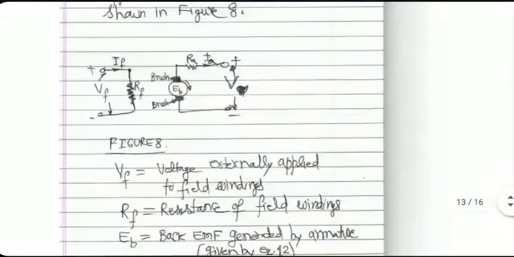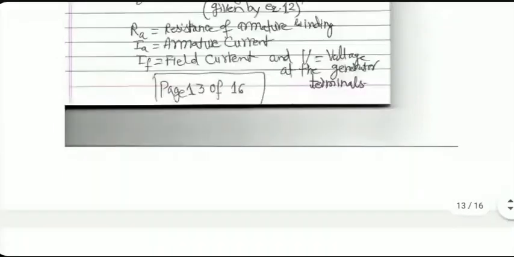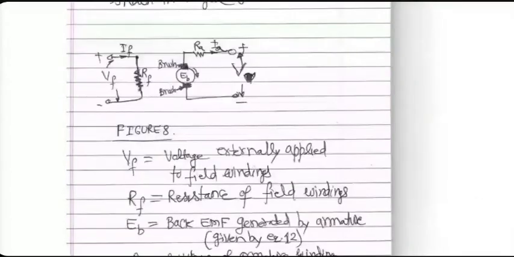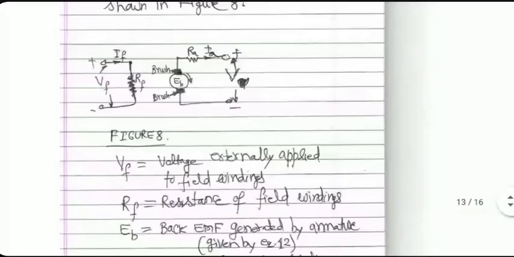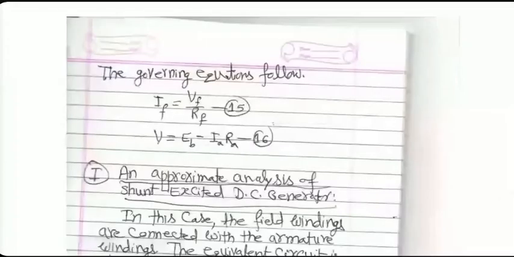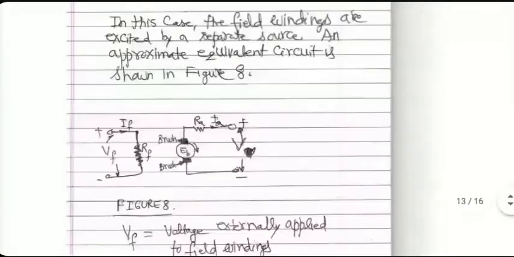IF is VF divided by RF. I think you can see that right away. Ohm's law in the field circuit gives you that equation. Actual voltage generated will be EB minus IARA. Kirchhoff's voltage law gives you that. These are the two equations you need for analyzing a separately excited DC generator.